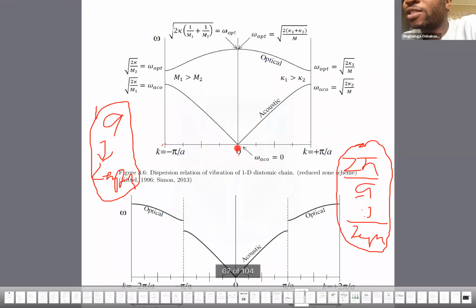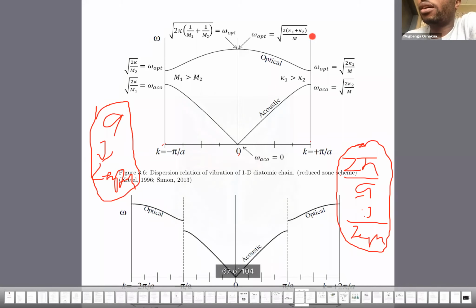And when K is 0, the frequency is 0. But for the optical mode, when K is 0, we have a non-zero frequency, even when the wave vector is 0.